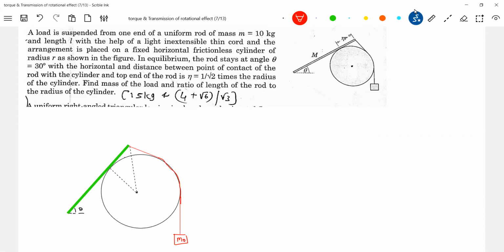A load is suspended from one end of a uniform rod of mass m. Yes, this is the mass of the rod. I think that's it. If you can analyze this much, the string will be taut.